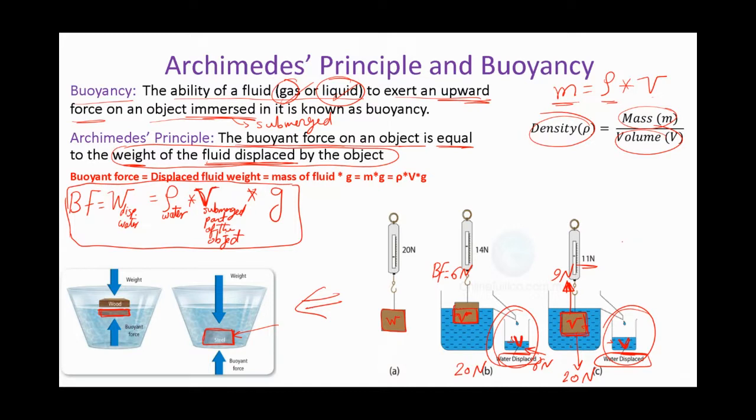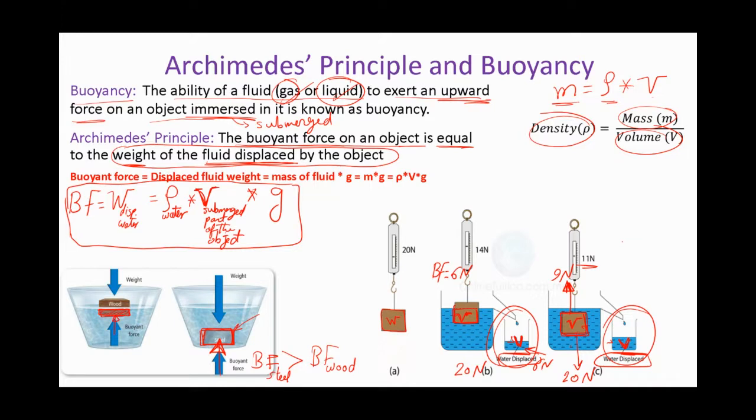So if you compare the two objects, you will find that the buoyant force on the steel is higher than the buoyant force on the wood. Why? Because the whole object of steel is under the water, fully submerged, while for the wood, only a small part is submerged, so the buoyant force will be a small force.